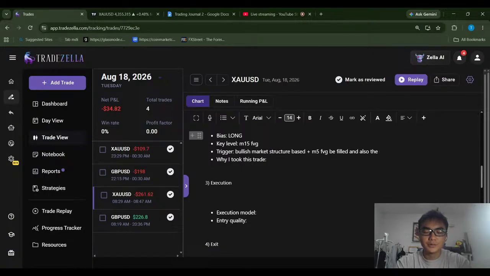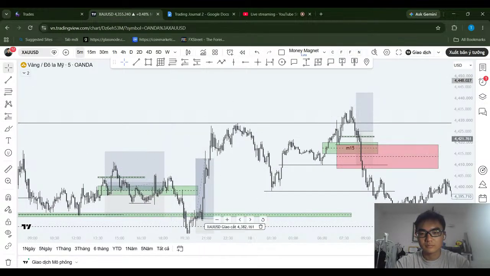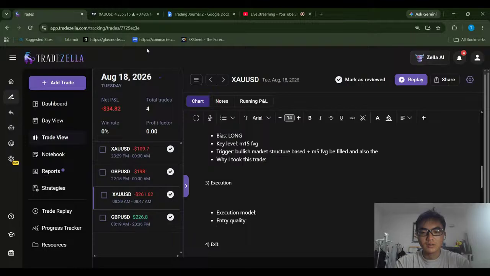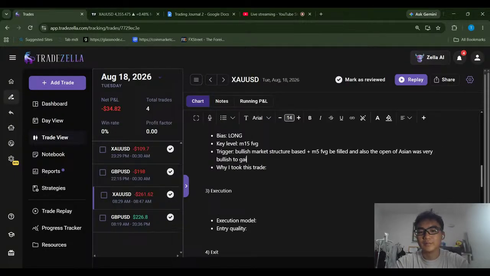The open of the Asian session was pretty bullish, to gain the momentum.